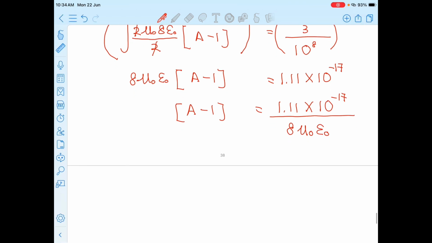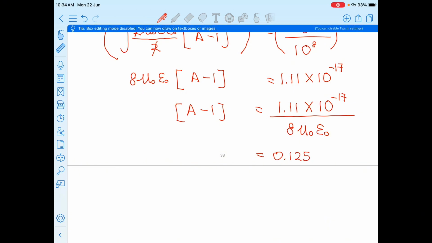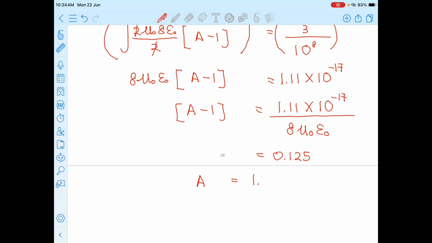So it is equal to 0.125. So my A is 1.125.